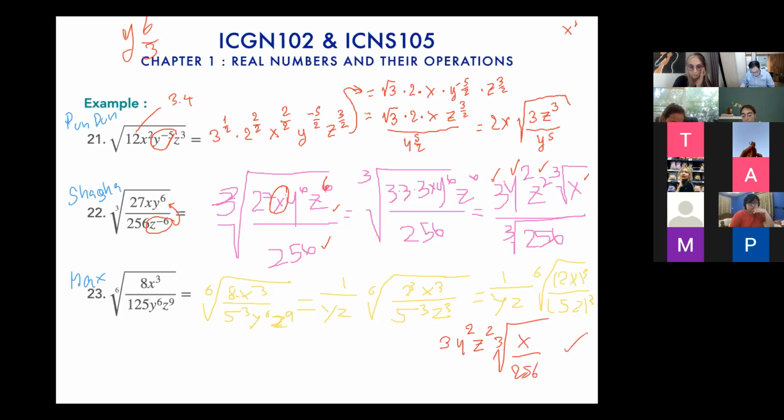The last one. What Max did was that he tried to simplify this. Let me see. He wrote 8x cubed over, sorry, he tried to change 125 to be 5 cubed, like this, y to the 6, z to the 9. Yes, this one is correct.